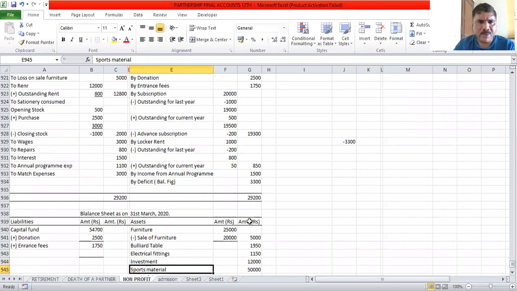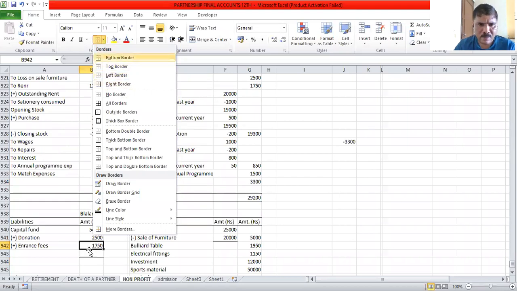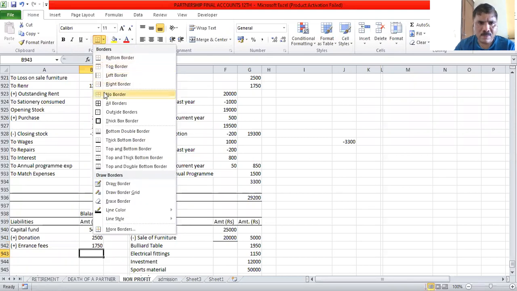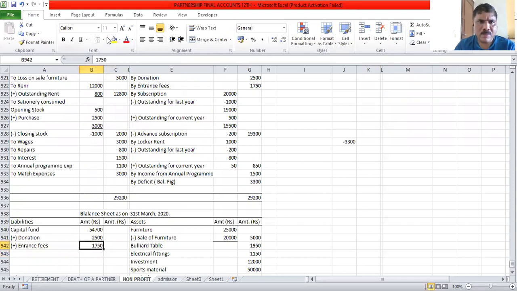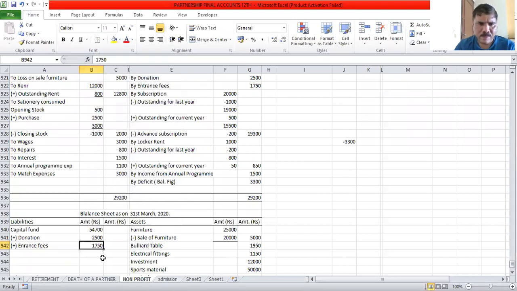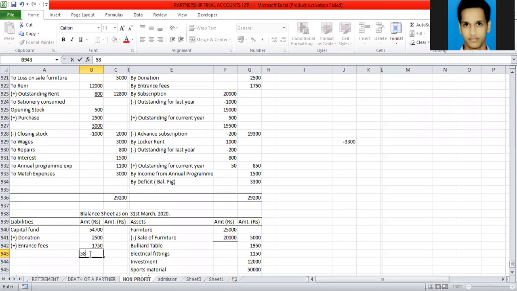So what we have to do first is make a total of this, all three. What is the total of all three? 58,950.